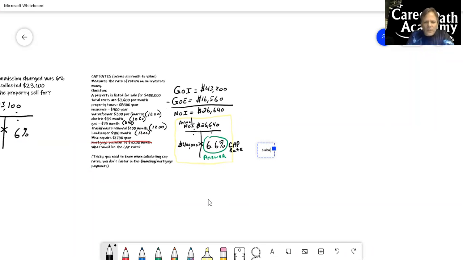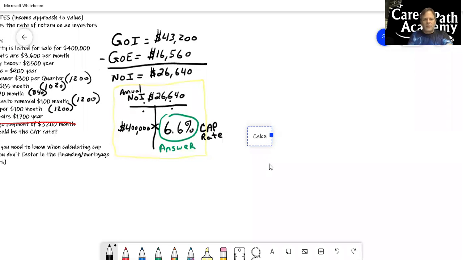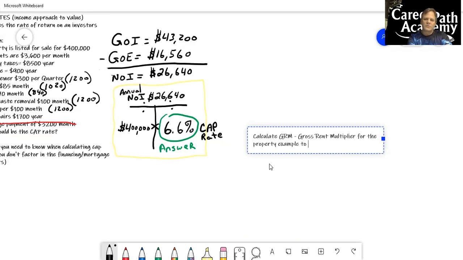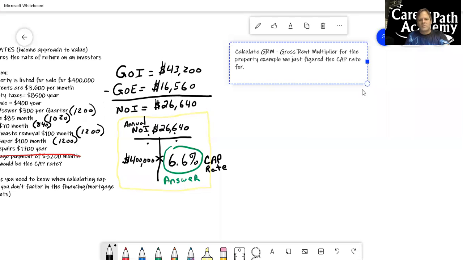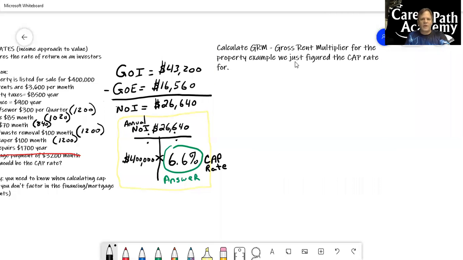Calculate the GRM, gross rent multiplier, for the property example we just figured the cap rate on. So we just figured the cap rate for this problem.